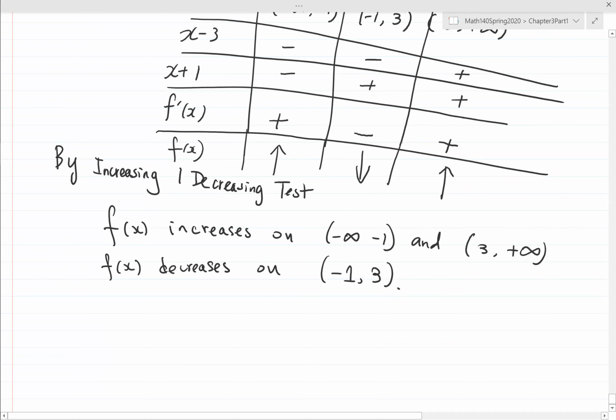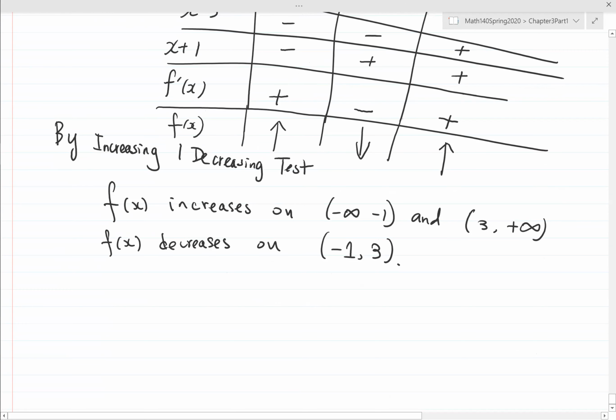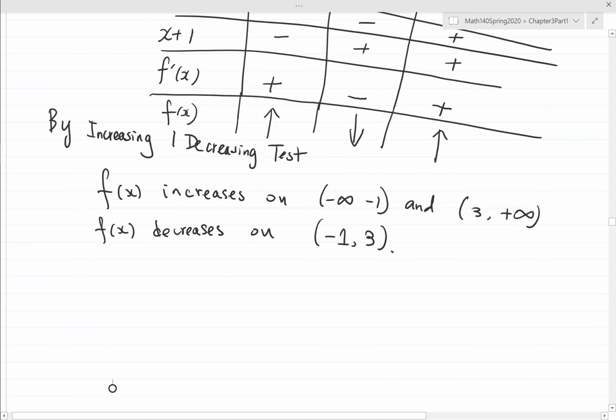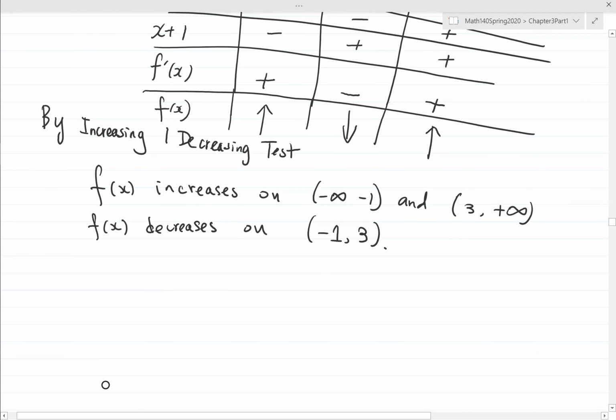Now, if we plot a rough graph of f using just the increasing/decreasing property, we can conclude how it looks.